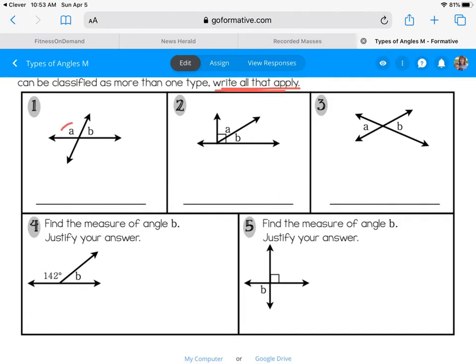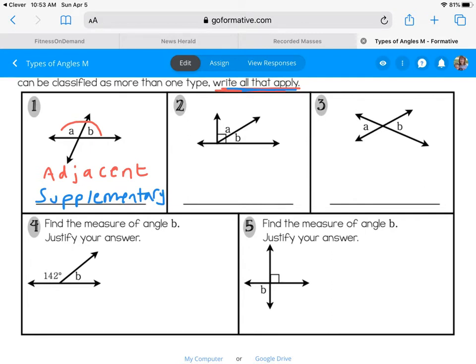So right here, 2 angles side by side, those are adjacent because they're next to each other, but they also add up to 180, so they are on a straight line, so they're also supplementary. So be on the lookout for all that apply.